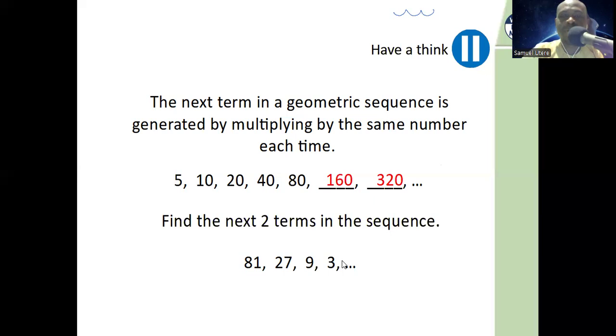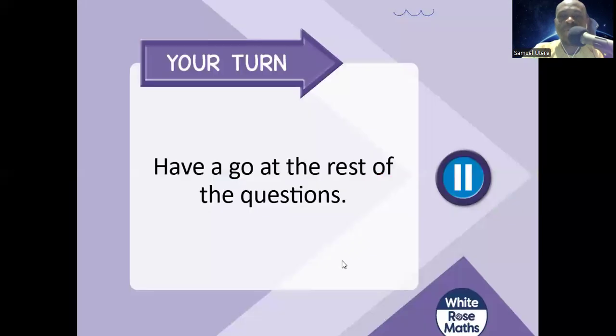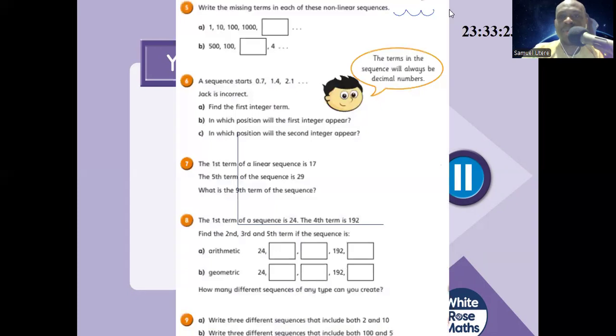So it's still a geometric sequence. I want you to have a go at the rest of the questions. So we have 1, 2, 3, 4, 5. It should take you about 7 minutes.